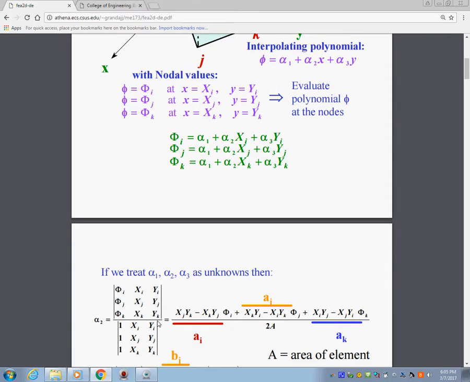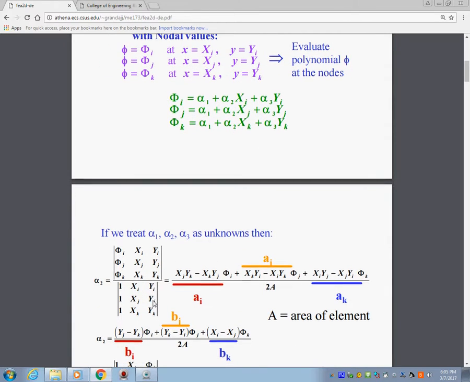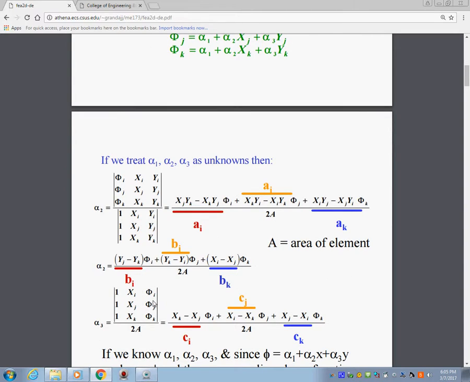And in here, if we expand on Cramer's rule, then we are going to obtain what you see here. You will have phi sub i times the minor, which is like this, and that's what you see here. Then you'll have phi sub j times the minor, like that, which you see over here.